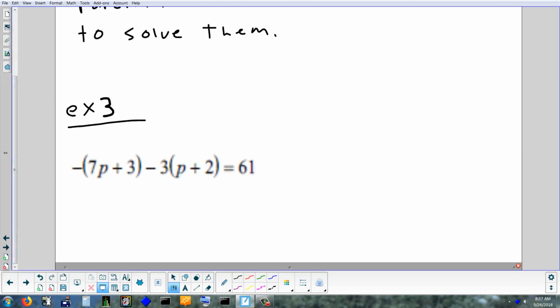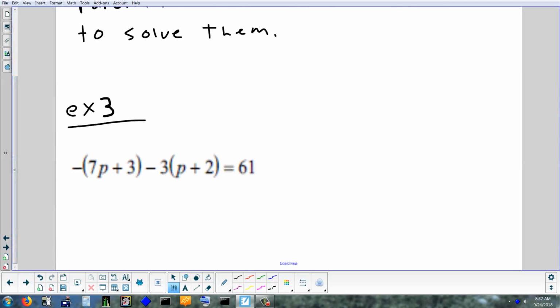So this equation has parentheses, and they're both located on the same side. We got the negative sign, then parentheses, 7p plus 3, then minus 3, parentheses, p plus 2 equals 61.